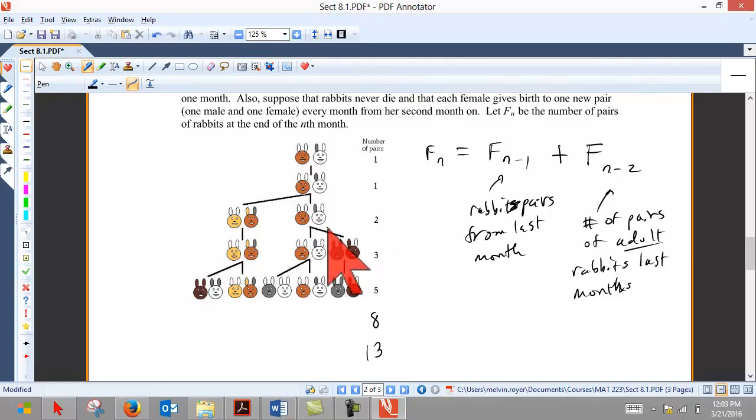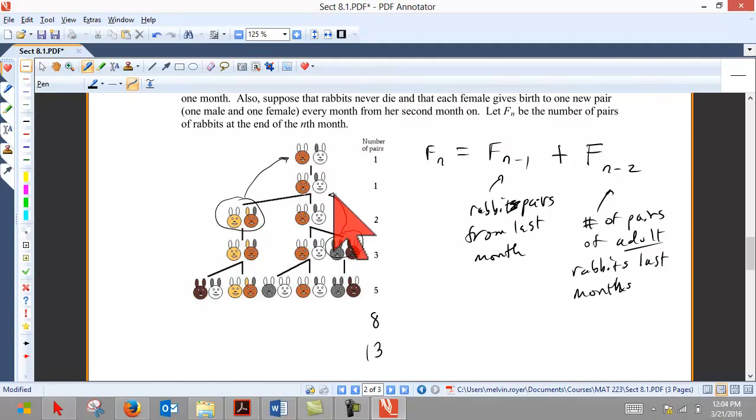And you can kind of see it in the picture, like why, for example, is this newborn happening? Because 2 months ago there was a pair of rabbits who have 1 month to grow up and then 1 month to have babies. And why is this pair here?